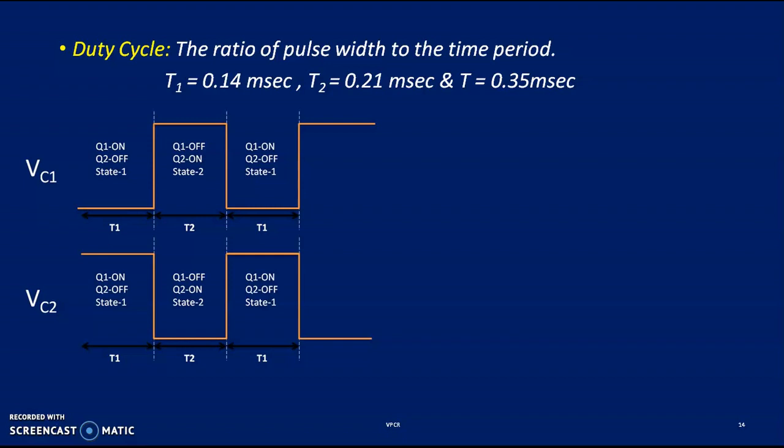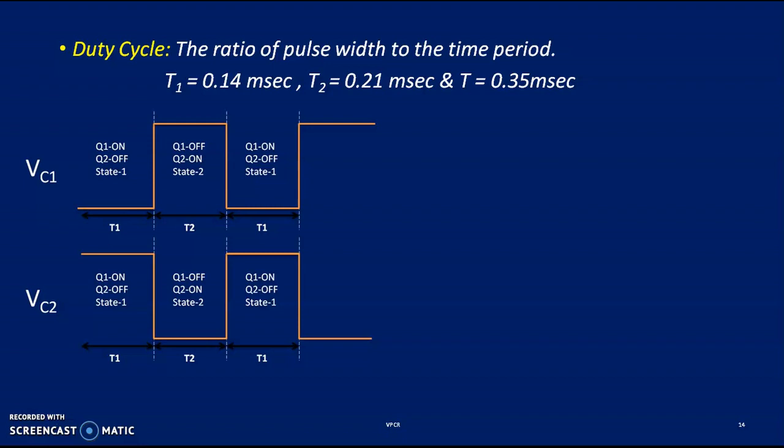VC2 is also a rectangular wave. In VC2 we are generating a pulse width of T1 with a constant time interval of T2. That means after every T2 time you are generating a T1 pulse width, whereas in VC1 after every T1 time interval you are generating T2.